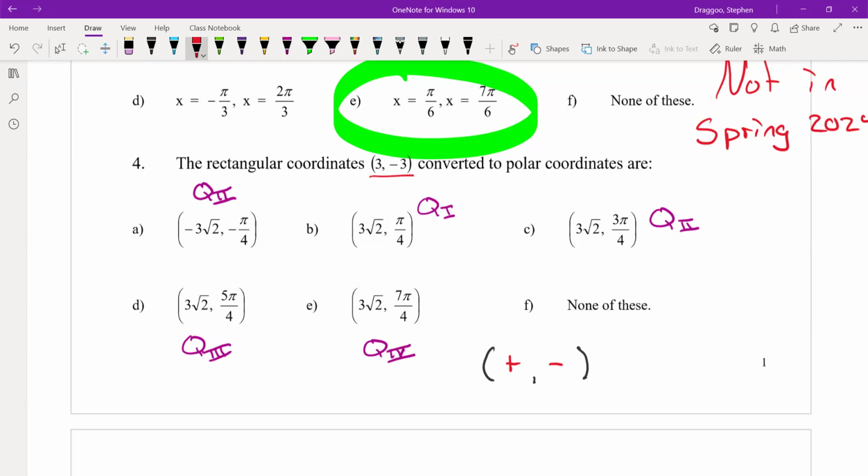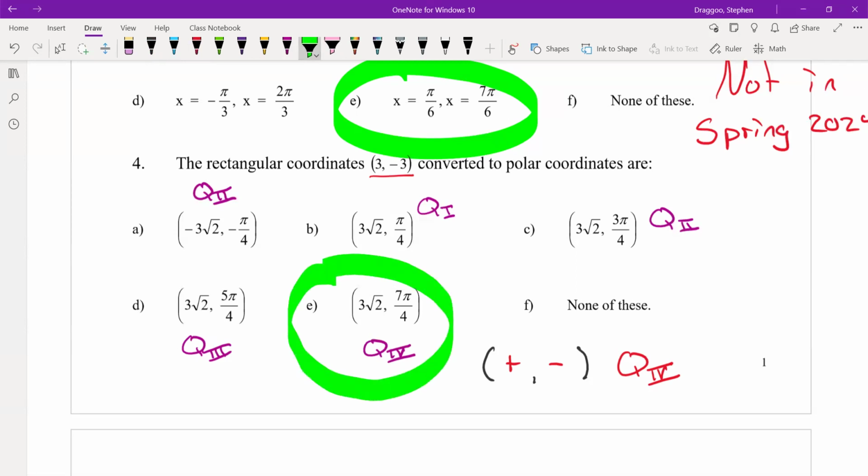If I have a positive x value and a negative y value, that means I should be going right and down. So that's quadrant 4, which must mean that E is the correct answer. So I'd arrive there just by looking at the values that are given.